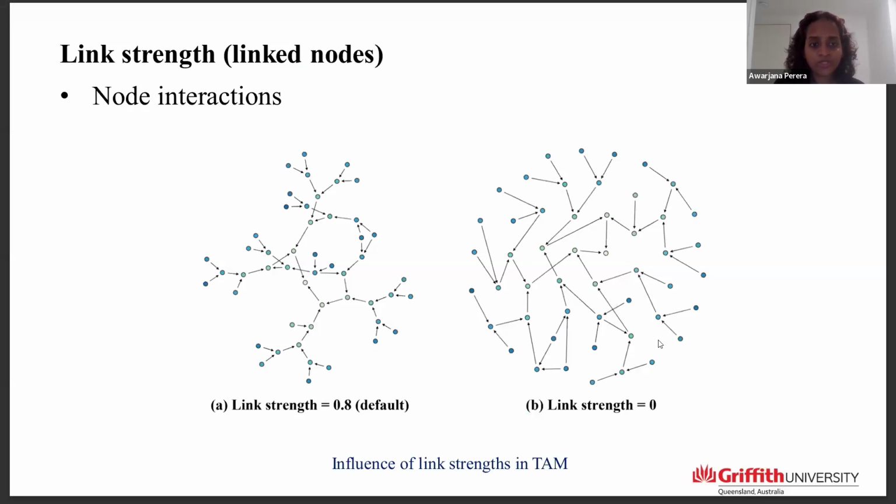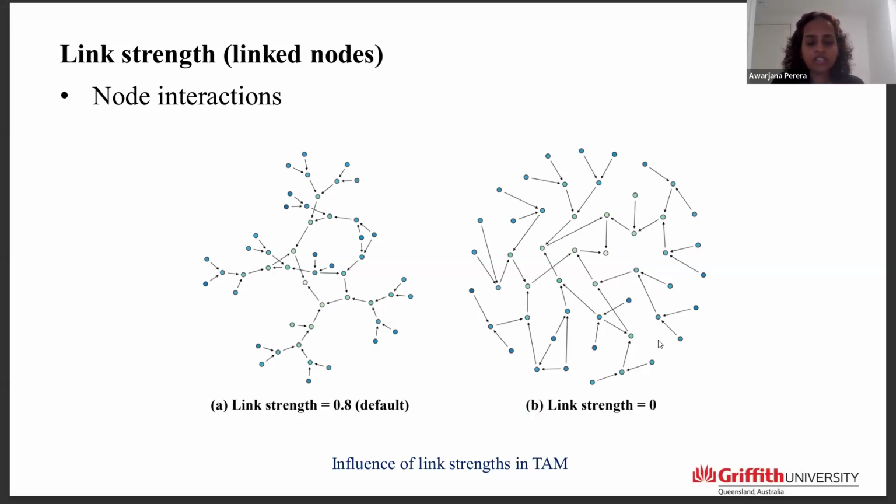This is the very first force acting on TAM, called link strength. Link strength is the force acting on the connected nodes, and this helps to maintain the graph in equilibrium. Looking at these two diagrams, we can see how the shape of the graph changes with a slight change in the magnitude of link strength.